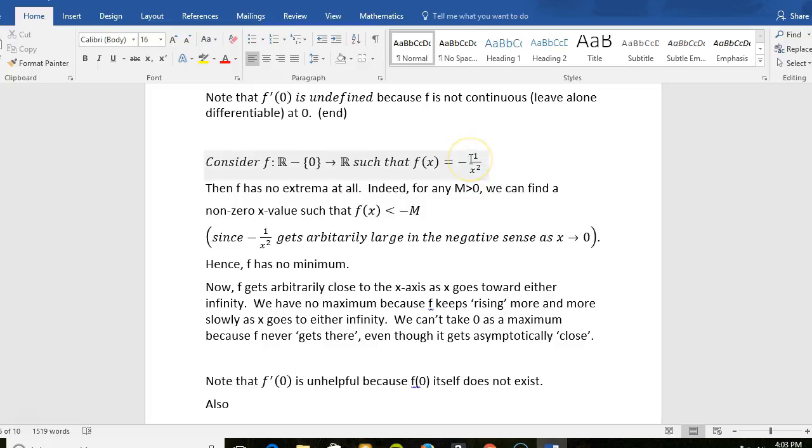Like if x is teeny tiny negative, like negative 0.000000001, let's say, or even tinier than that, but still negative, like negative 0.000 and a whole bunch of zeros after that and 1.